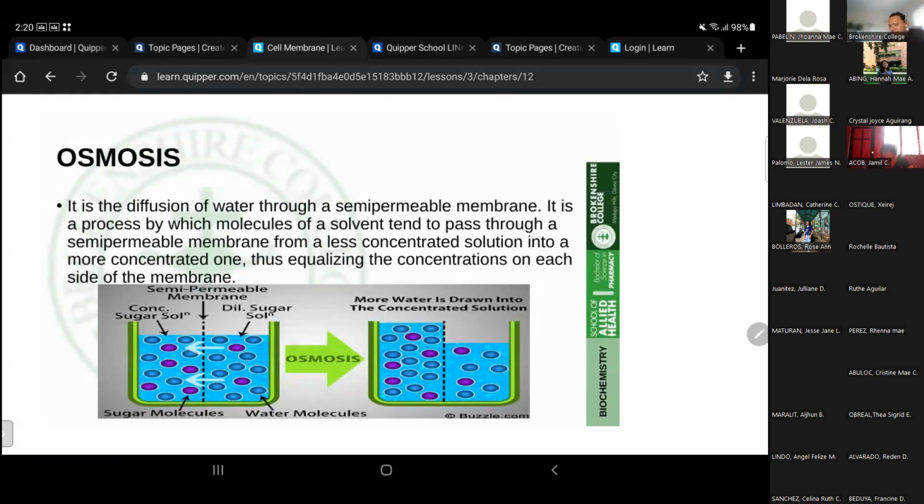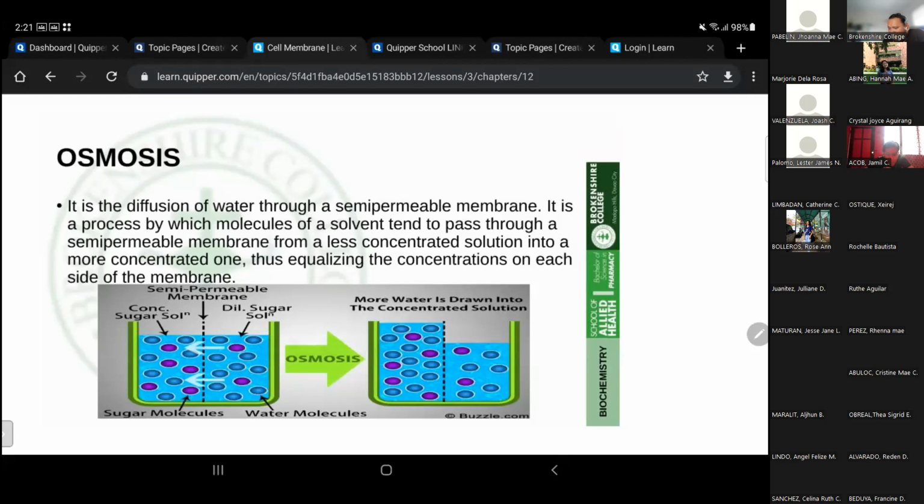So therefore, mas higher ang concentration ng solute, which is sugar, than water in this side. And then mas lesser ang solute in the right side with higher amount of water.